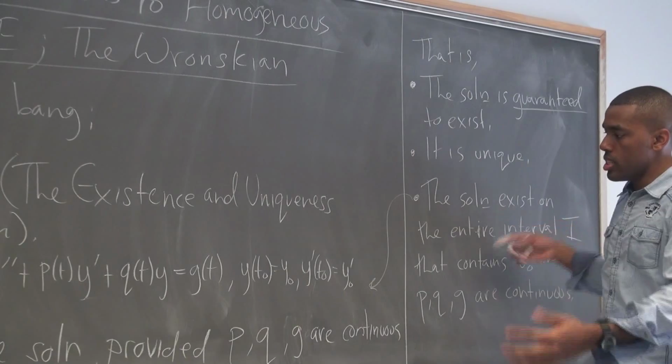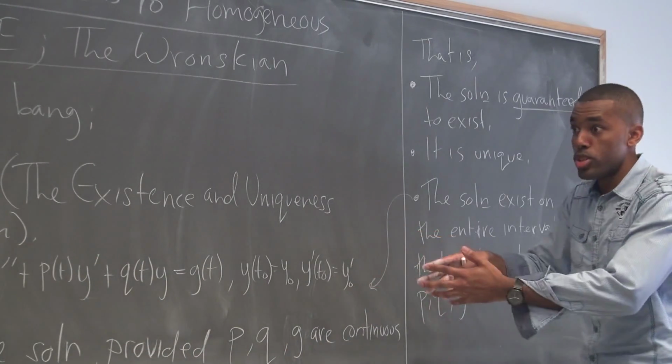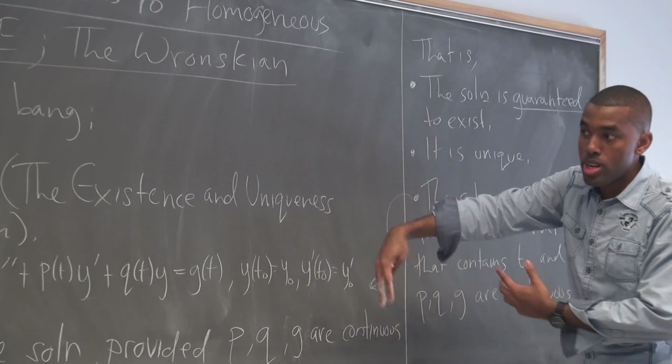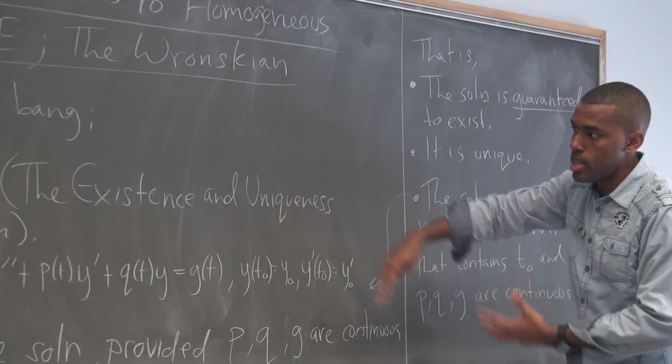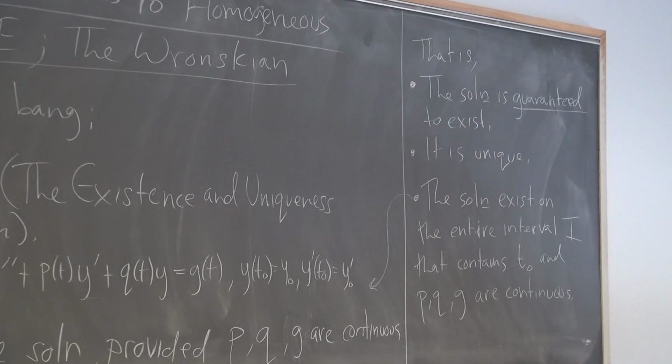You take the largest interval that contains t0, where these guys are continuous, and the solution will exist on that entire interval. Beyond that interval, we're not sure if it exists, and it might not be unique, but if we're in that interval, we know that this is true. And like I said, the proof for that is pretty involved. Your interval could also be of infinite length.